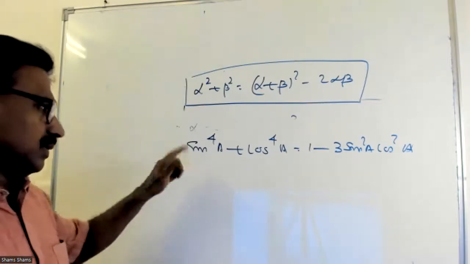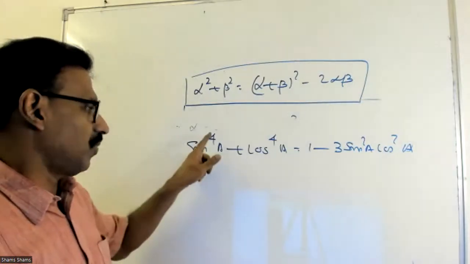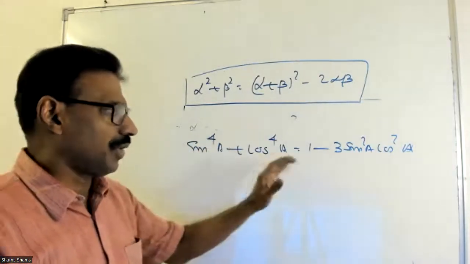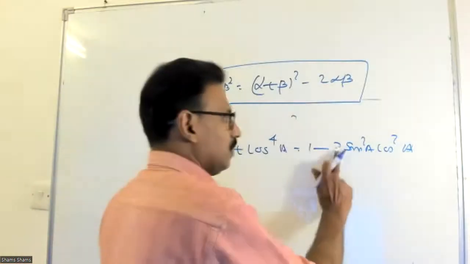Okay, listen, sine raised to 4a plus cos raised to 4a equal to 1 minus, not 3.